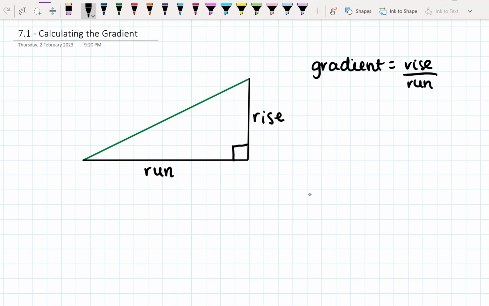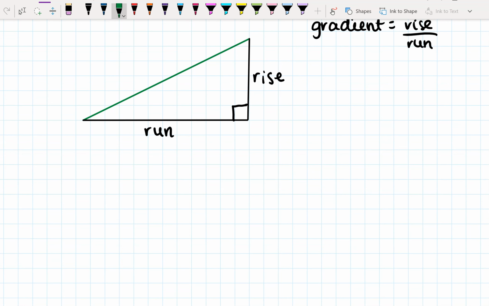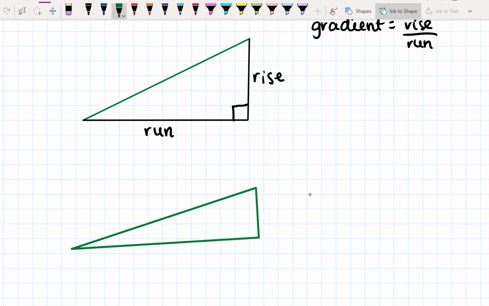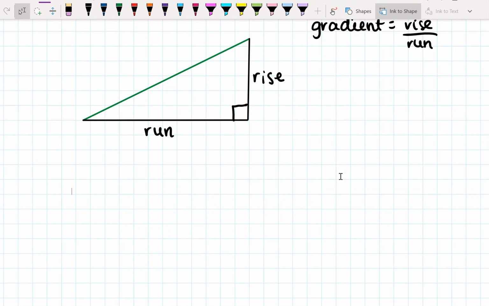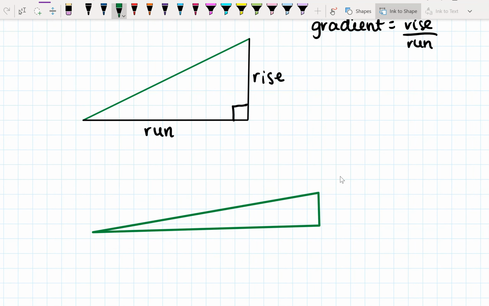So what we could have is a question where you're given a slope. I'm going to go straight to drawing a triangle here. Let's draw it like this because I want to make this a little bit more realistic, because usually they're quite long slopes. The bottom's still not horizontal, but let's pretend it is.